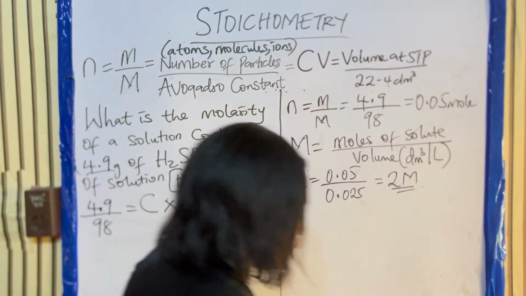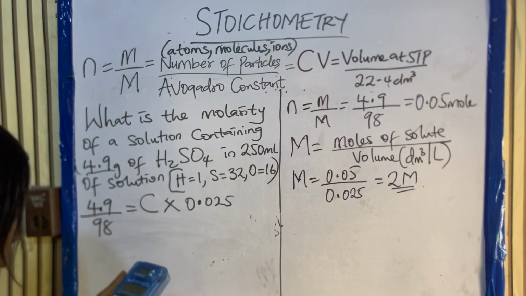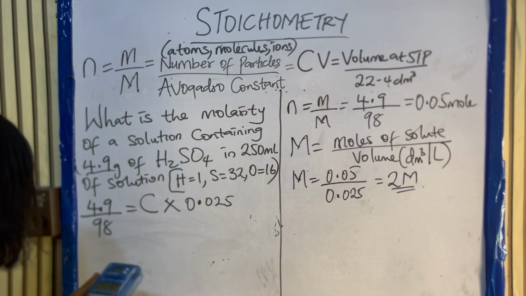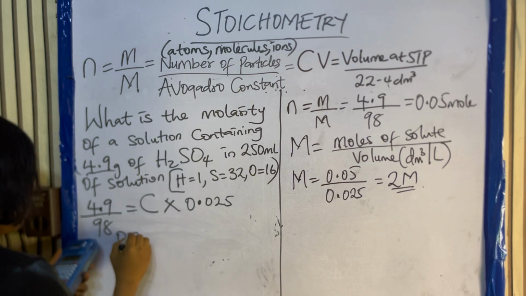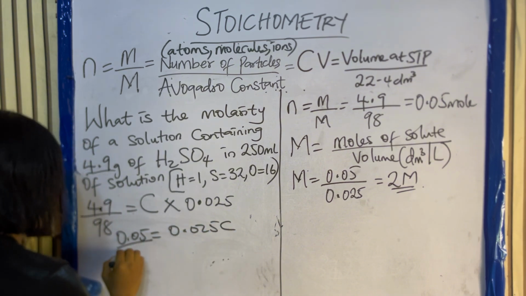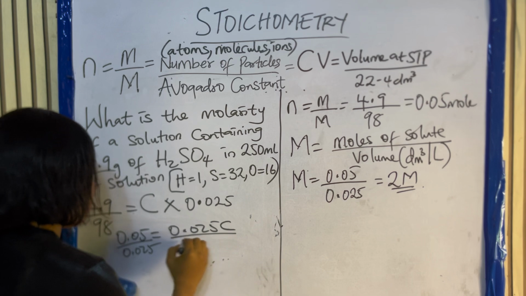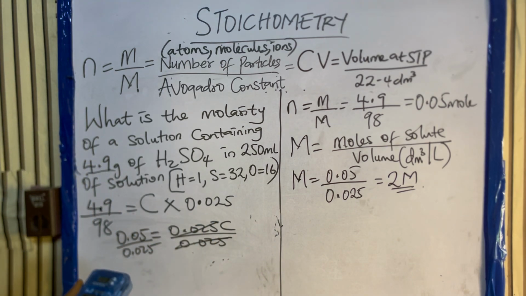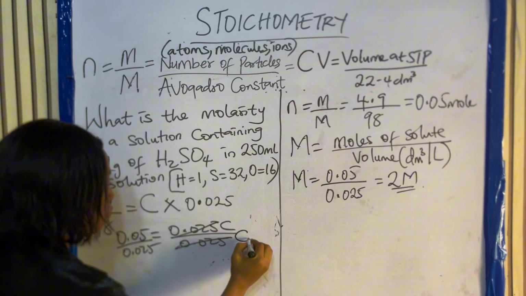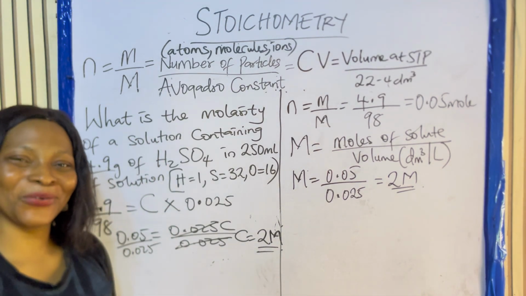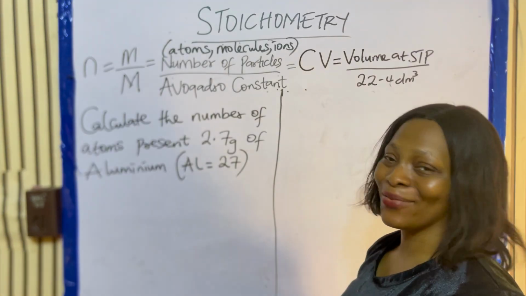Let's press our calculator. 4.9 divided by 98 will give us 0.05. 0.05 is equal to 0.025 C. So divide both sides by 0.025, and you have your answer to be 2. Your concentration is 2 molarity. Answer. Isn't that simple?